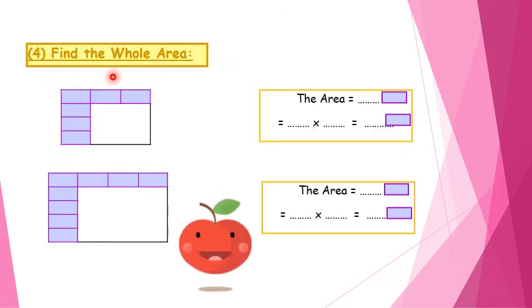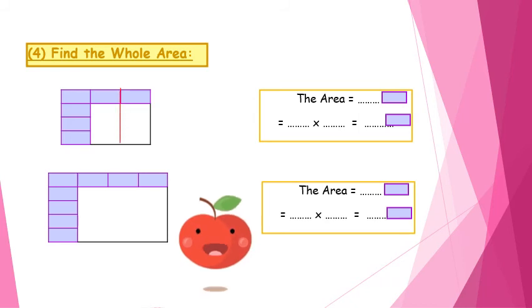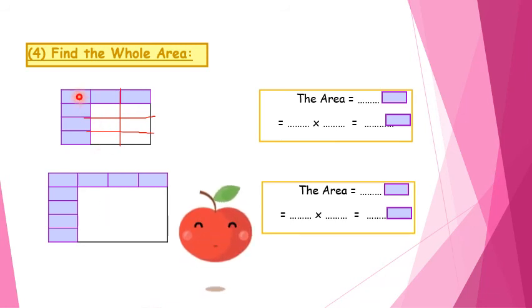I want to find the whole area of these shapes. Okay, I only get to know the number of rows and number of columns, not what's inside of it. So you can deduce the area from the number of rows and columns, or you can continue the shape like this, and count the inner space.